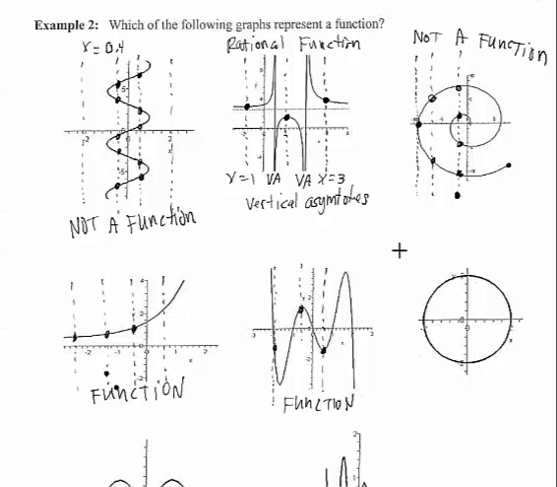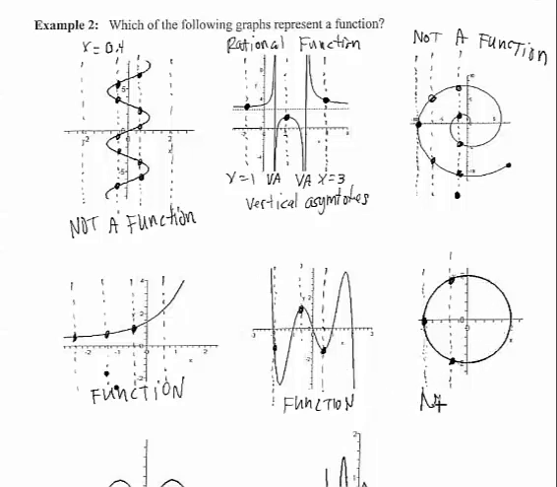Okay, this one, not a function. Again, we could probably draw a vertical line here on the side and only strike this curve once, but in the middle, that's not the case. All through the middle, in between the far left and the far right, we're going to hit this curve twice.